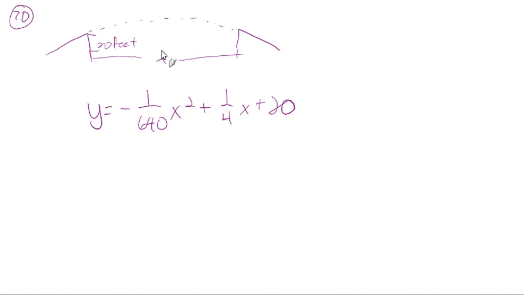So this distance could be 100 or 50 or 170 feet, and we would just plug that in for x. And what would that tell us? What would y be? Y is the height above the ground in feet.